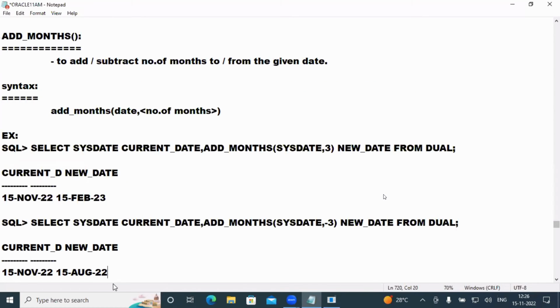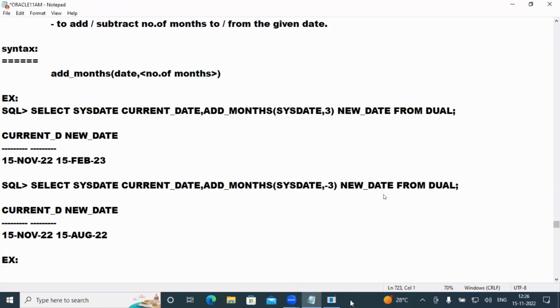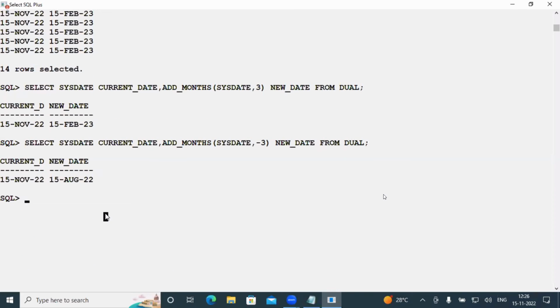Next, one more example of the ADD_MONTHS function. For example, you create one table, guys. Create table, my table name is product.